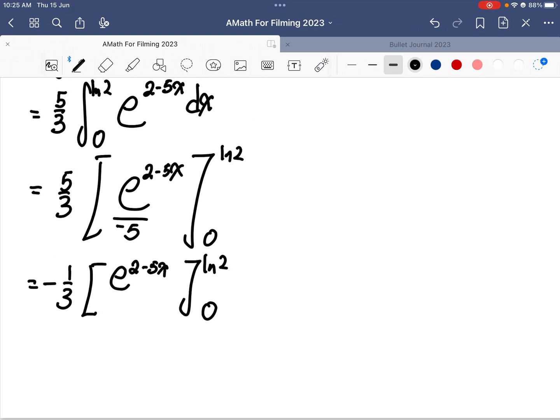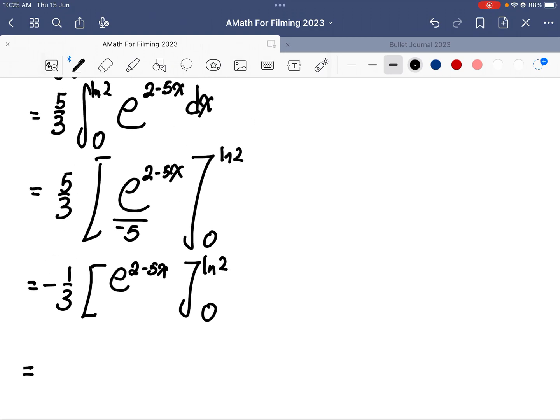What is left for me to do now is to just substitute in values. Negative 1/3 times e to the power of 2 minus 5 ln 2, minus e to the power of 2 minus 0, which is e squared.